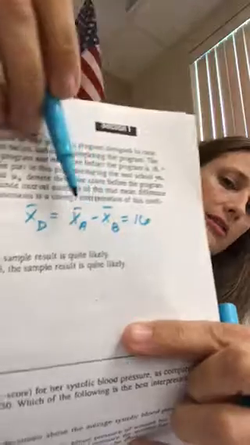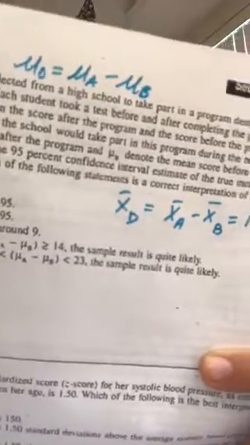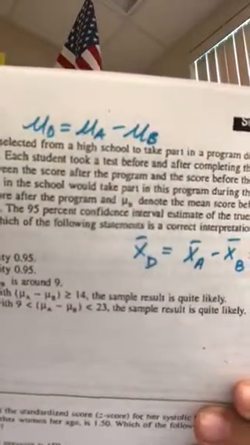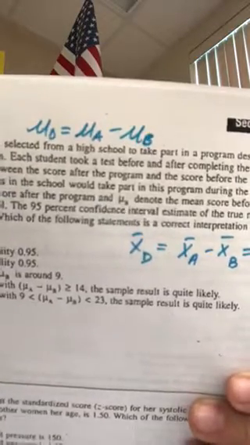So you have some amount of evidence here. We don't know how much, but we have some evidence that the score after went up because the difference was positive. They found that doing the program actually improved scores. So it should make sense that it was decided all students in the school would take part in the program next year.